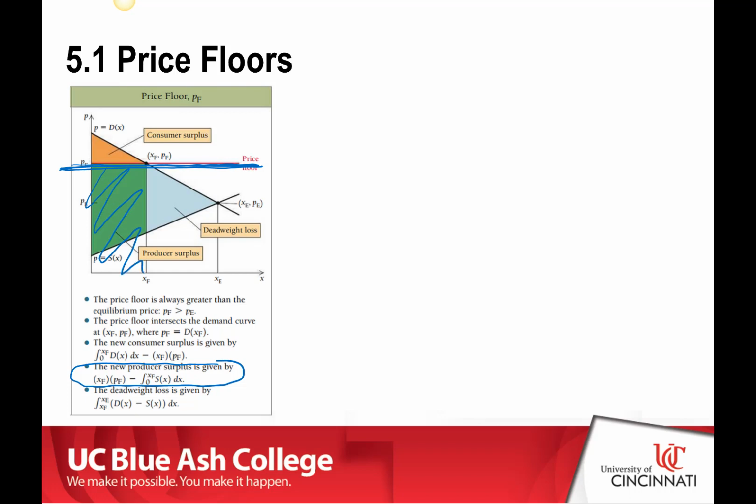This entire area for this new producer surplus is going to be whatever the quantity at the floor price is times the floor price, minus, then, to get the green area, we're going to subtract off this white area.